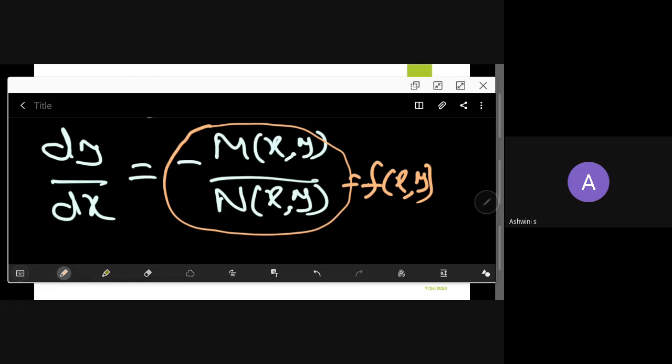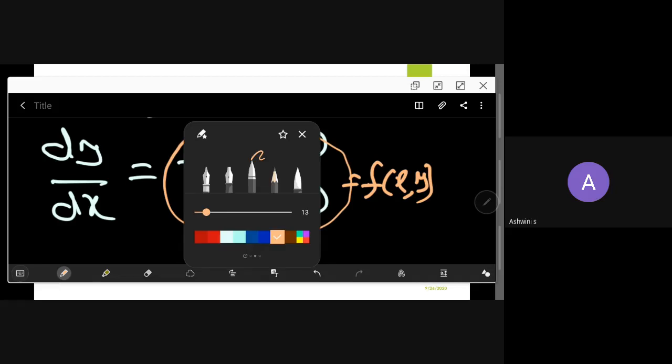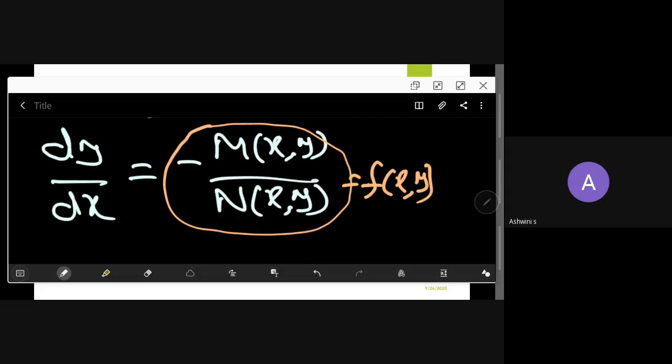For example, if your f(x,y) is something like sin(x plus y), you cannot write that so.